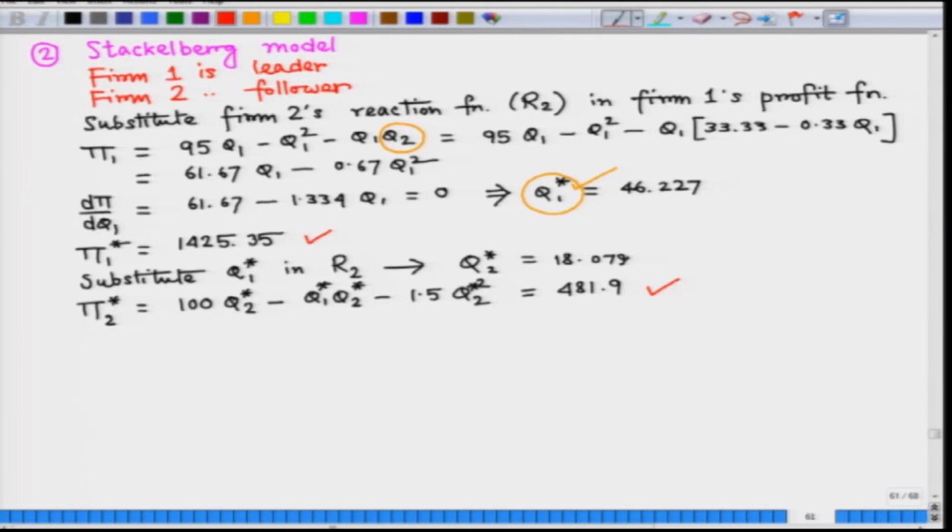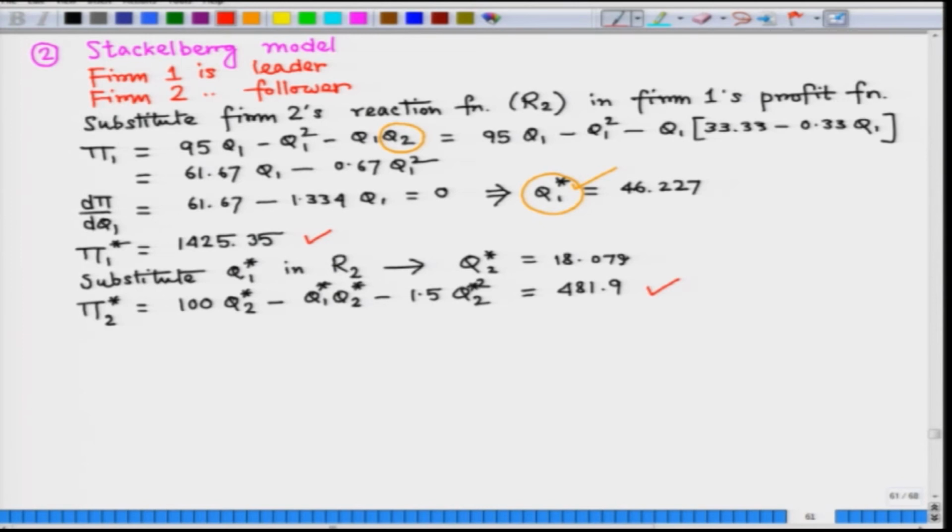Why? Because the leader farm is substituting the reaction function into its profit equation, right. So, the leader farm has some guess about the behavior of the follower farm, and that is exactly given by the slope of the reaction function of the follower farm, or farm 2.